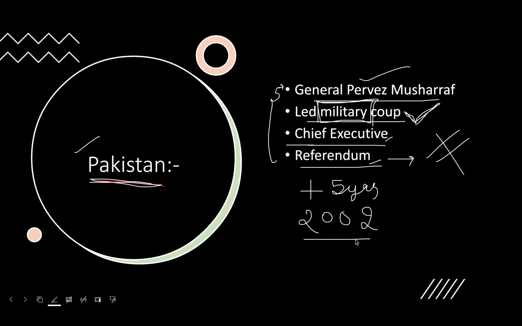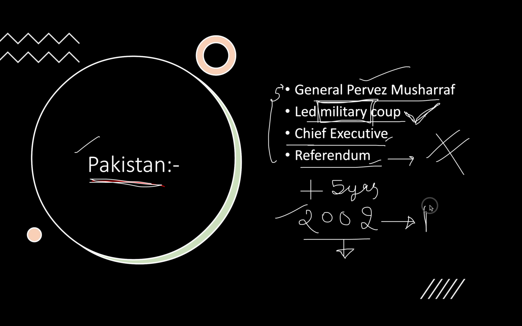After that he passed a law, and in India if any law is passed, it is very difficult to take that law back. So in the year 2002 he passed a law according to which he had the authority, he had the power to dismiss the national and the state assemblies.